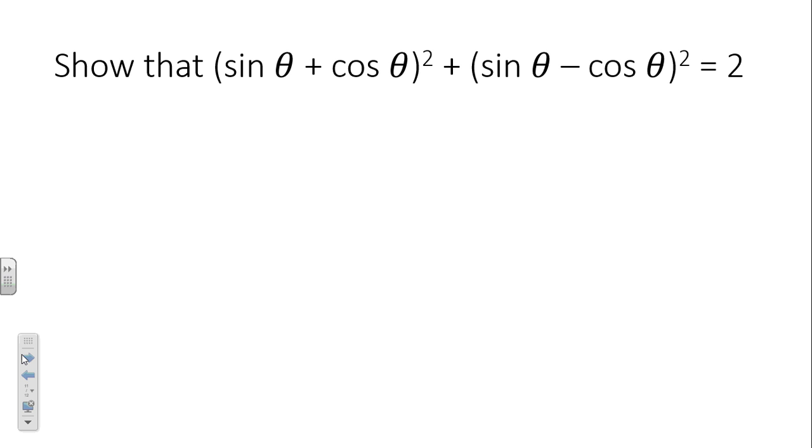What do we do if we have a binomial and we're supposed to square it? Multiply it by itself, FOIL it out, right? Square the first term, multiply the two together and double them, and square the last one.